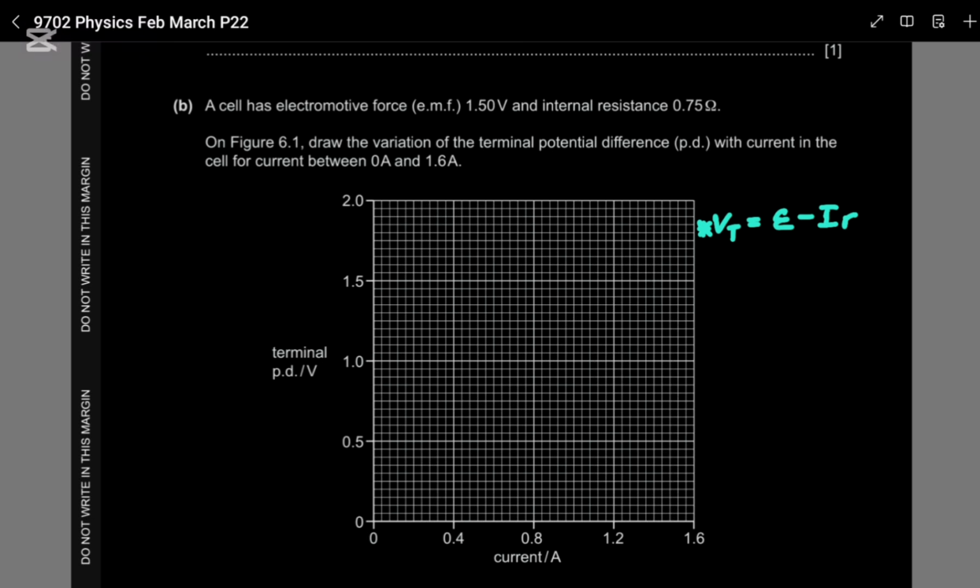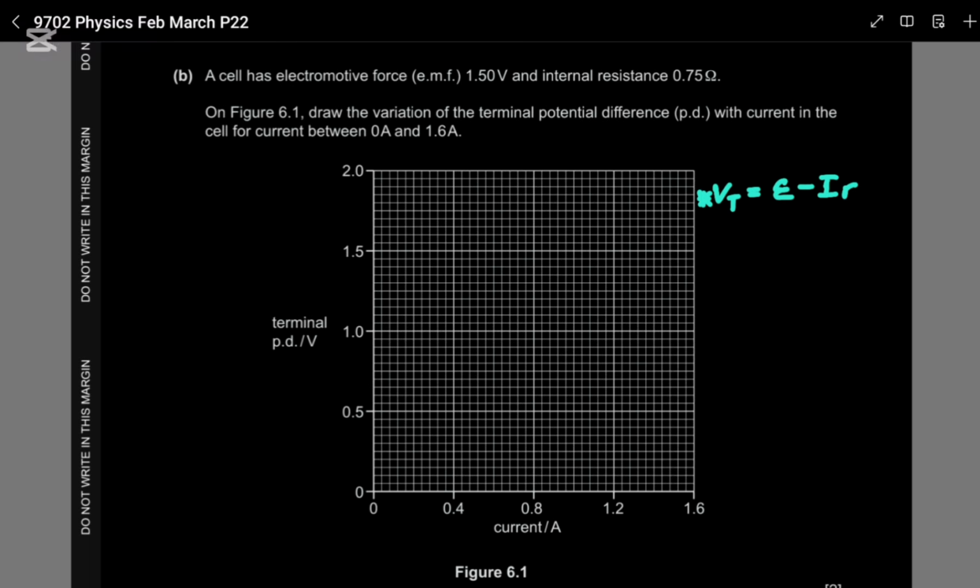So this is the key equation. Now when I is equal to 0, I times small r, the voltage across the internal resistance, is going to be 0, so the terminal voltage is just the EMF. So at 0 current it's 1.5.